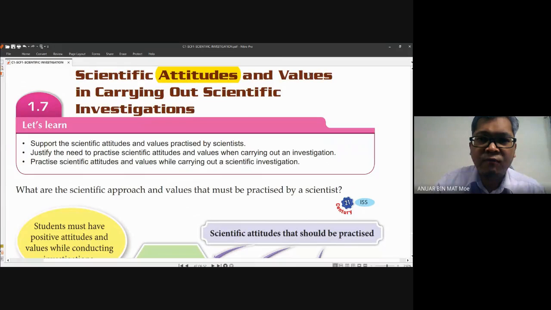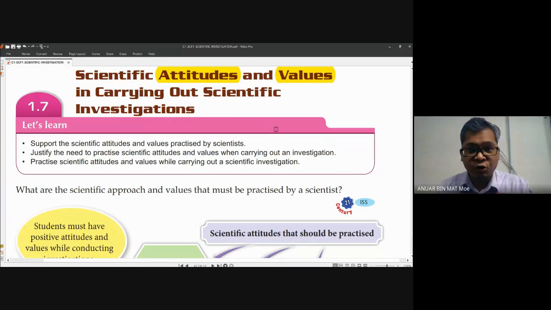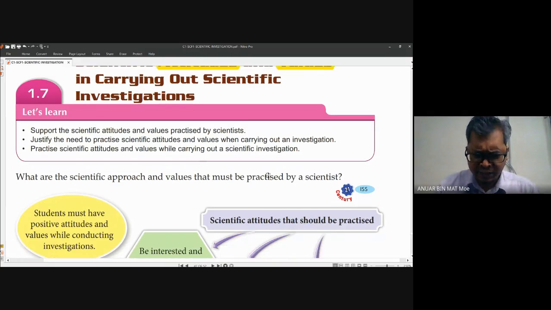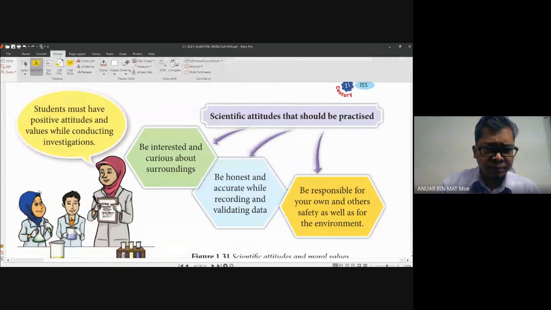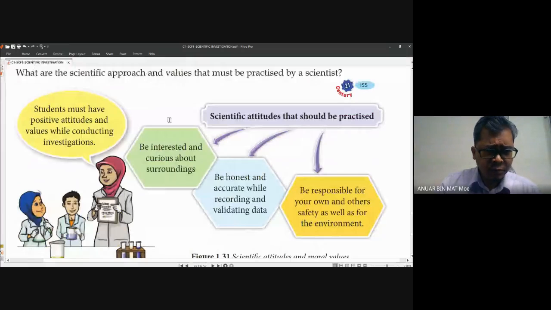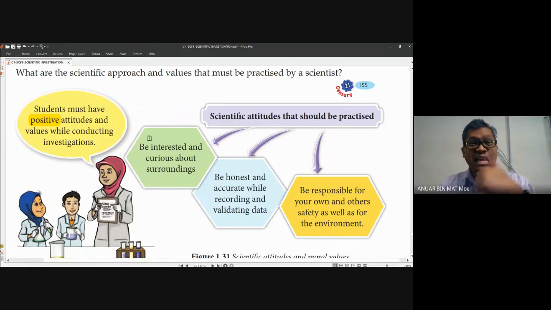Scientific attitude and values. You just can read it for yourself. Just the moral values or the good values you need in order to carry out scientific investigation. Very fast I go here. What are the values? Positive. You see the values, right? Nilai-nilai macam moral lah, macam pendidikan moral. But when you are doing the scientific investigation, you must always think positive. You must always be interested in something.